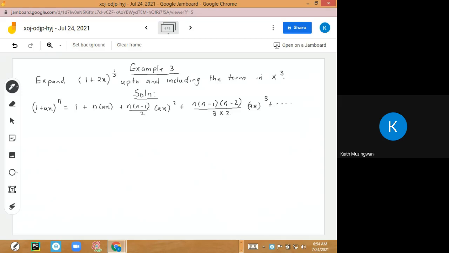We end at power 3, so we come down now and get our question, 1 plus 2x to the power half. So our n is half, so we're just substituting half, and our a is 2x. I mean, our ax is 2x.